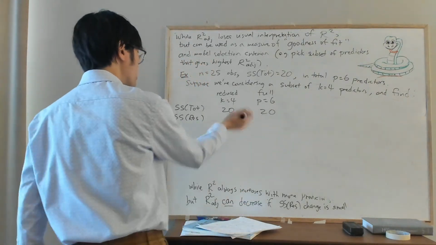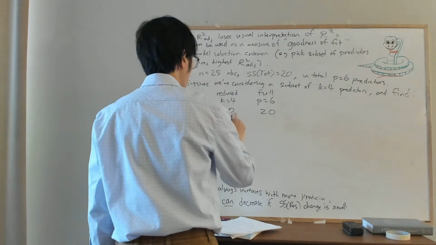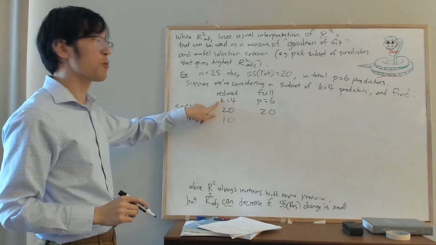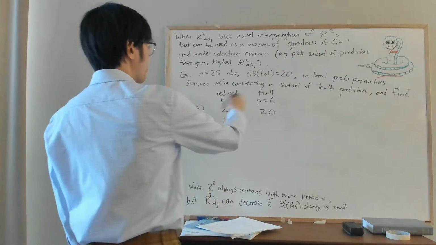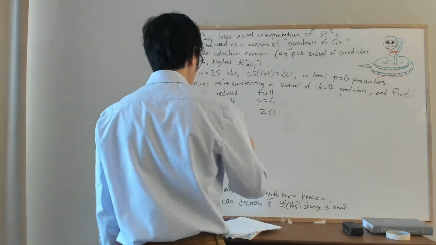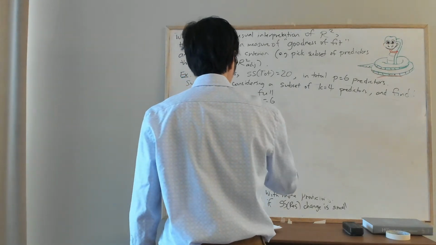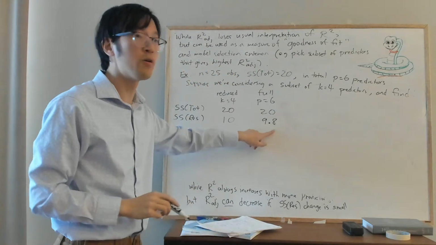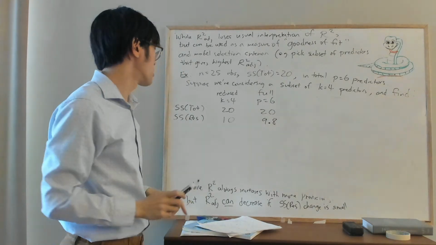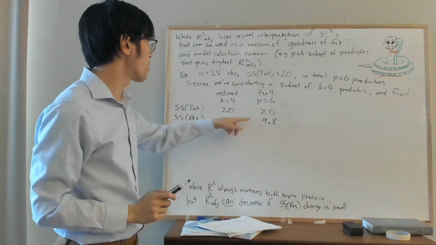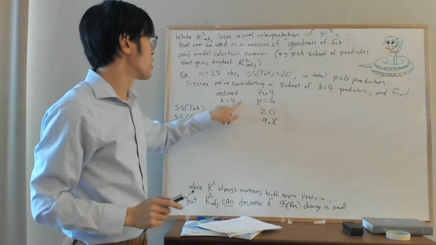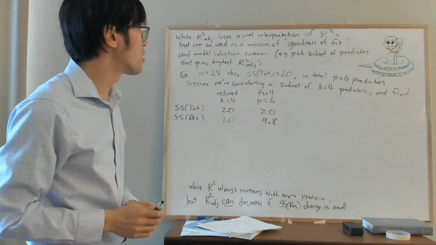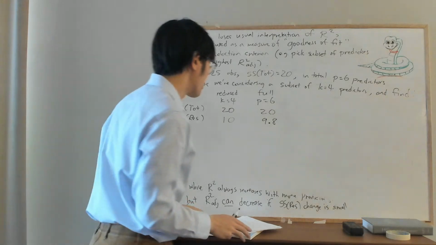Suppose we do this regression and we have a sum of squares residual of, let's say, 10, for the model with 4 predictors. Then when we throw in 2 additional variables, the sum of squares residual decreases, but not by a lot. Let's say it goes down to 9.8. It's a very small reduction, which intuitively tells us that throwing in these two additional variables doesn't do much in terms of predictive ability for the model.